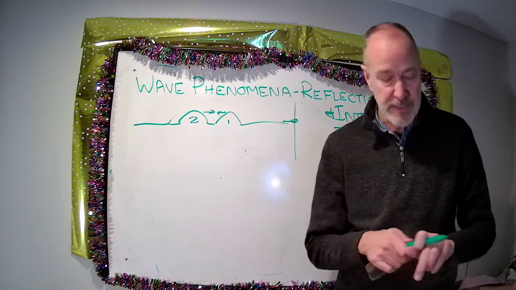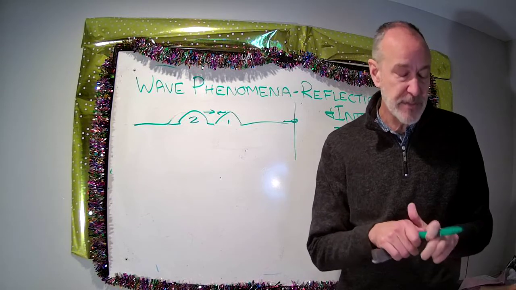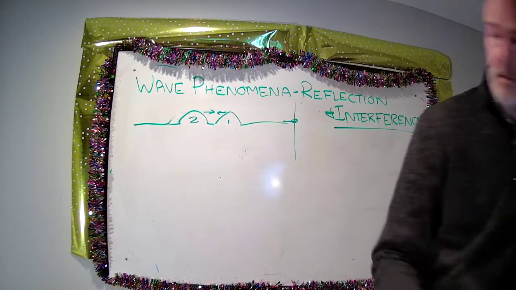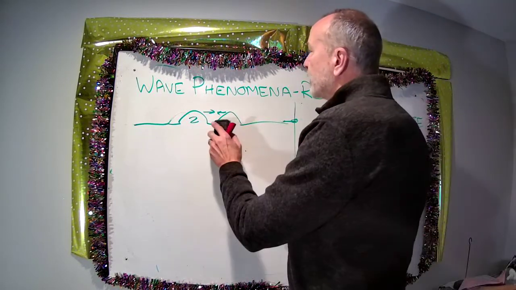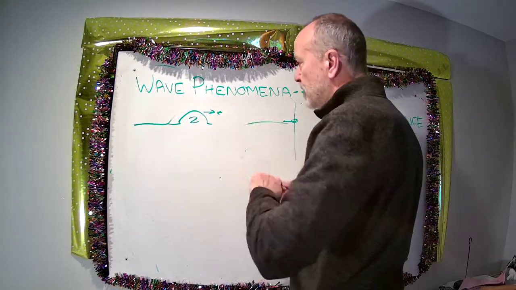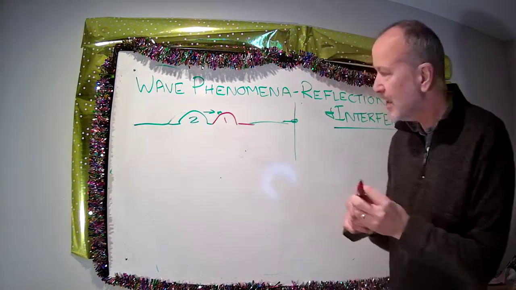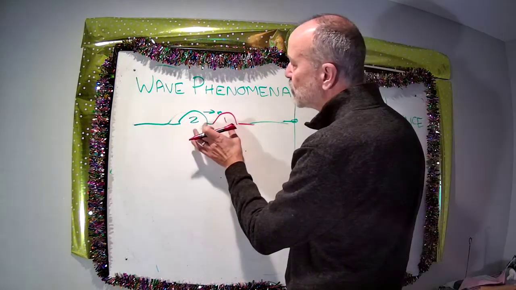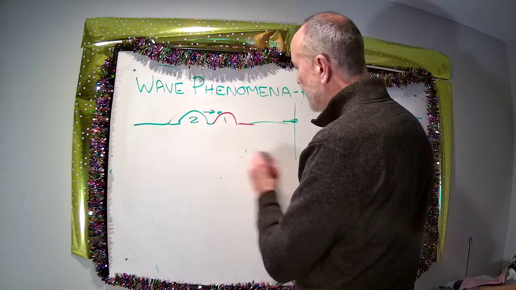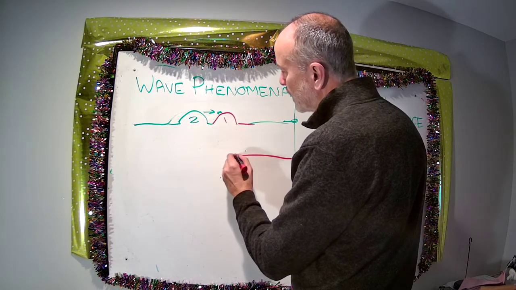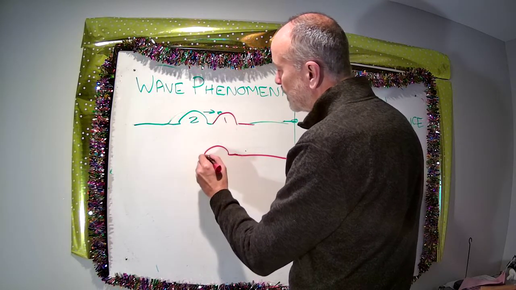So what I'm going to do is add colors here. I'm going to make 1 red. So let's see what happens after 1 moves a little bit over this way. Okay, so 1 moves here.